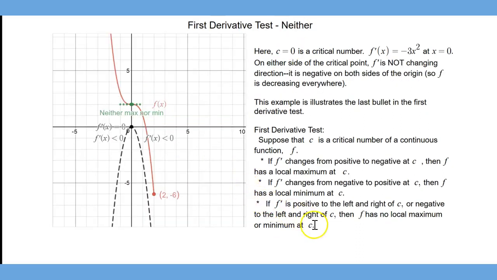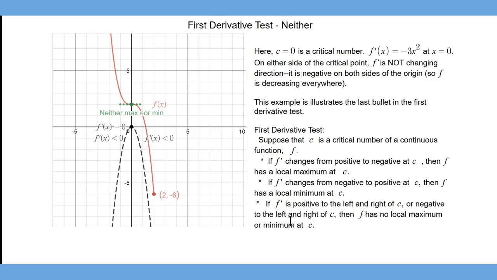And then there's the last case of the first derivative test, which is kind of inconclusive. If f prime is positive to the left and right of c, or negative to the left and right of c, then f has no local maximum or minimum at c. You know you don't have a maximum or minimum at that value, but so far it's not really telling you anything else about it.